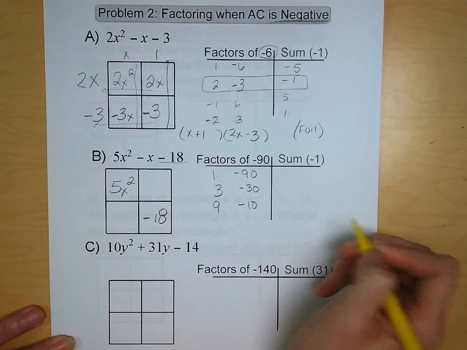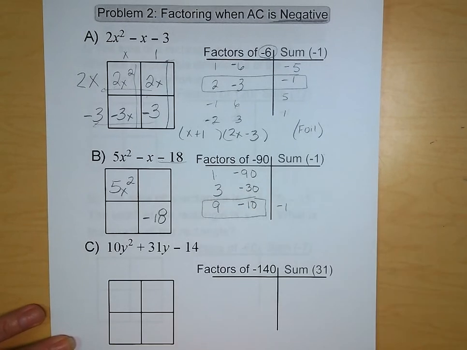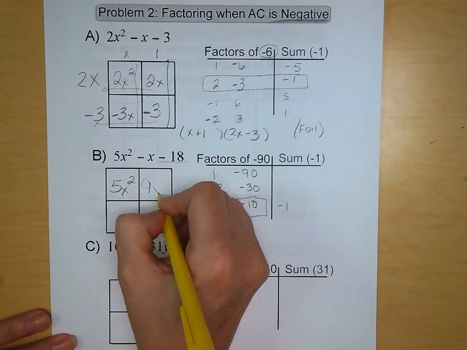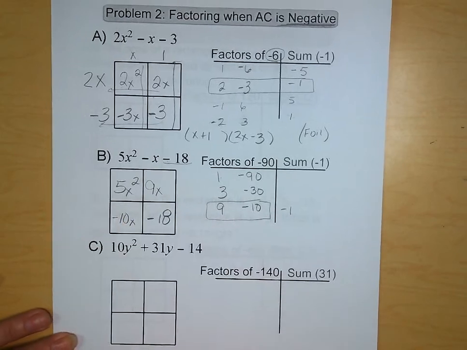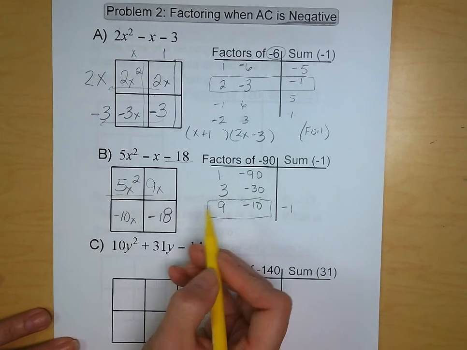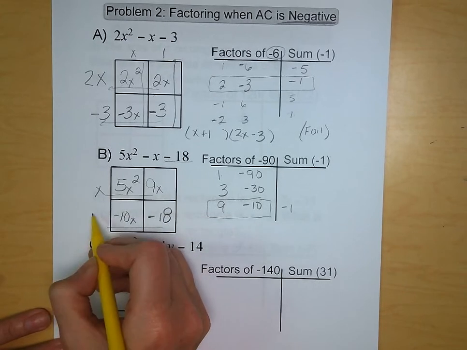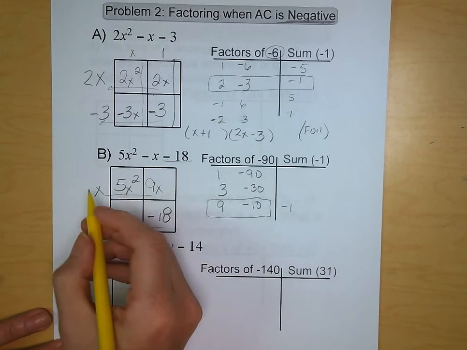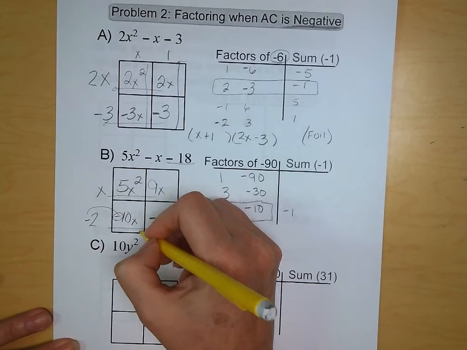So we can check those and see which ones work. And then we know it's going to be that last one that has a sum of -1. So we're going to put in a +9x minus 10x. And now we can look for our common factors. So in the first row, our only common factor is an x. The second row, our common factor is a -2, because both terms are negative.